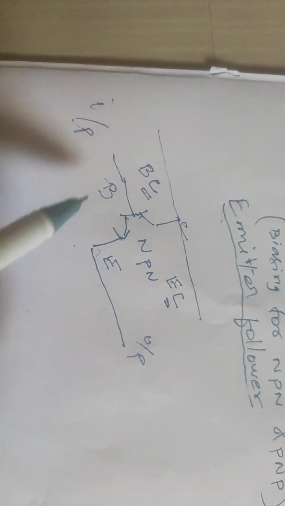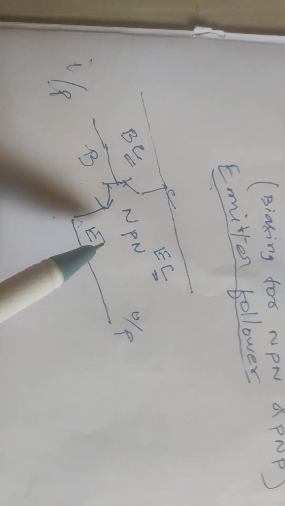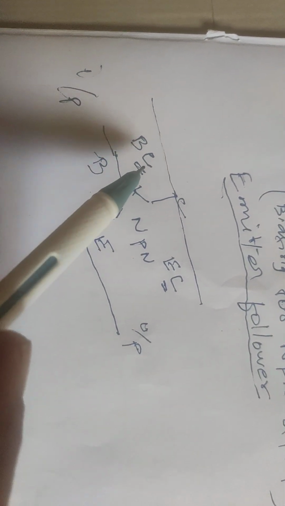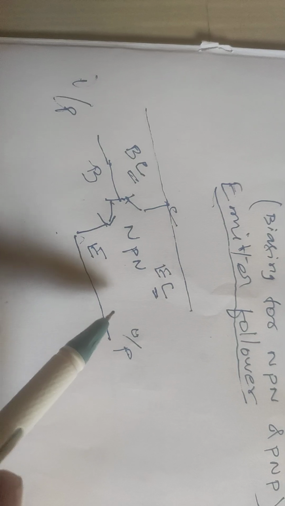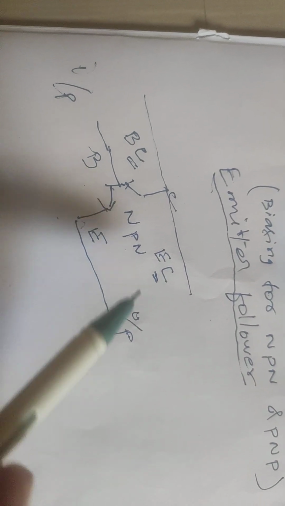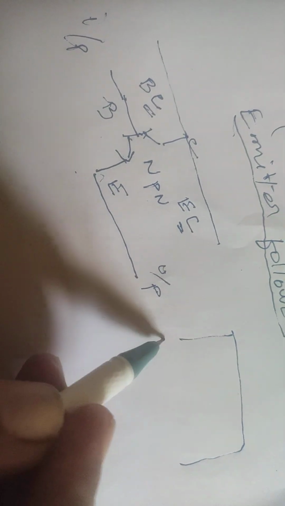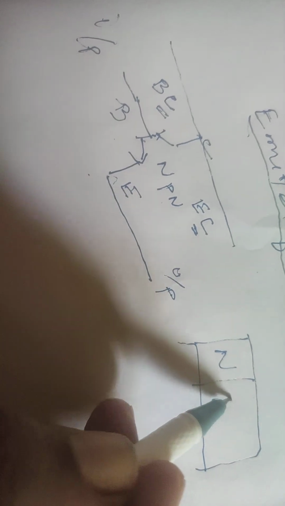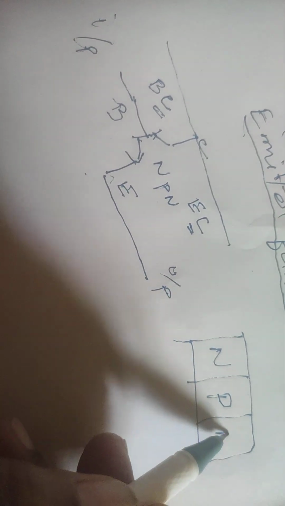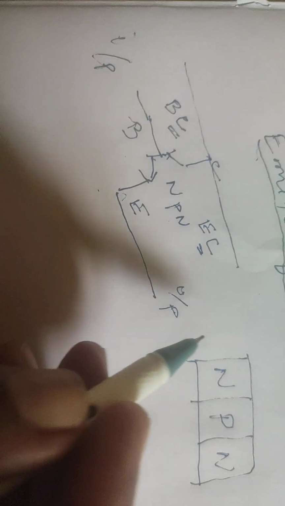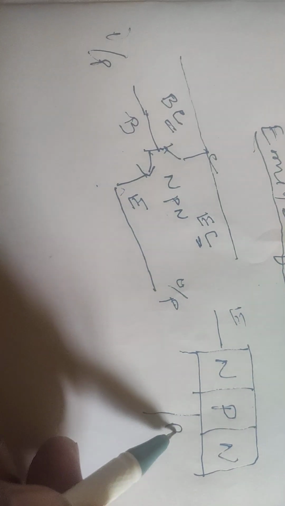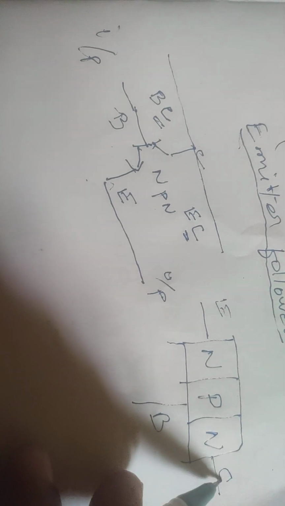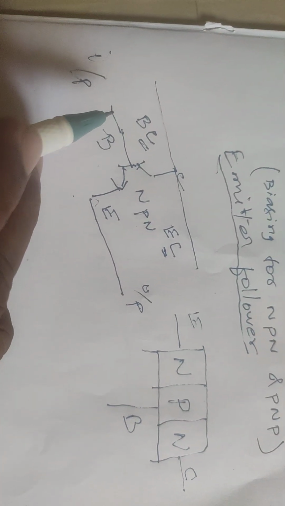So this is a configuration arrangement. Base collector input, emitter collector is output. This is NPN transistor. In the NPN layer diagram, emitter is N-type semiconductor, base is P-type semiconductor, collector is N-type semiconductor. So this one is emitter, this is base, this is collector. So input is a forward bias.